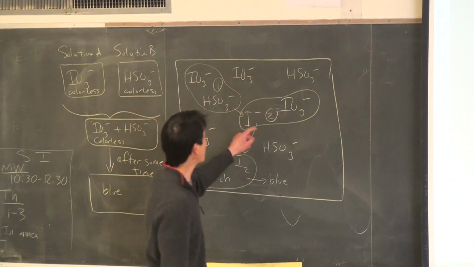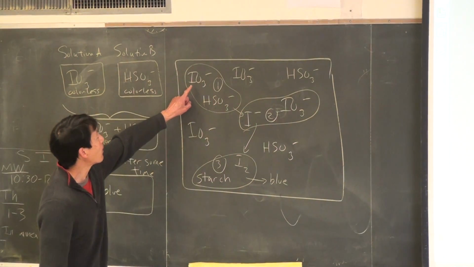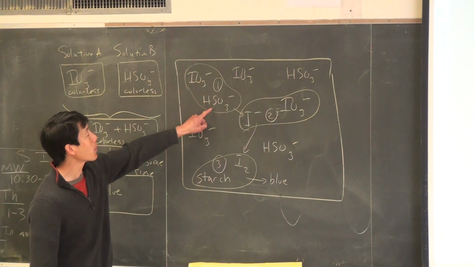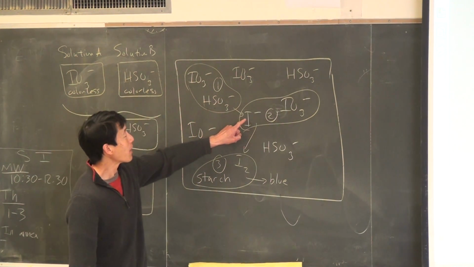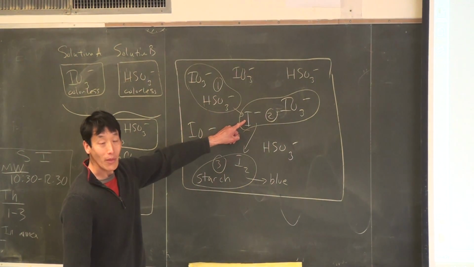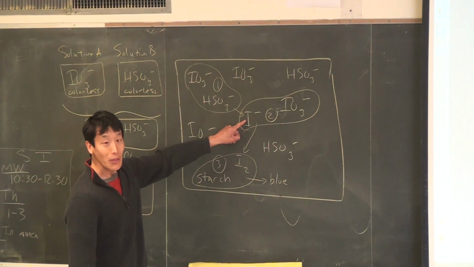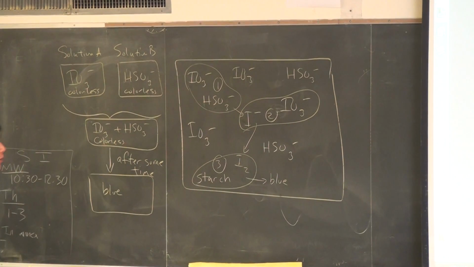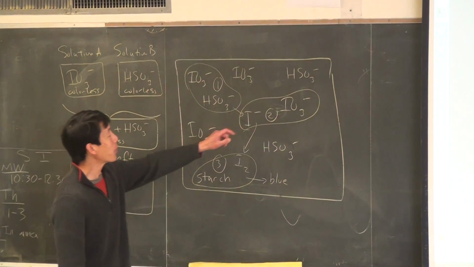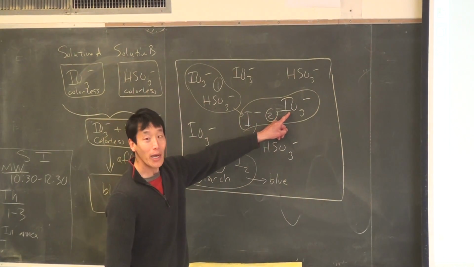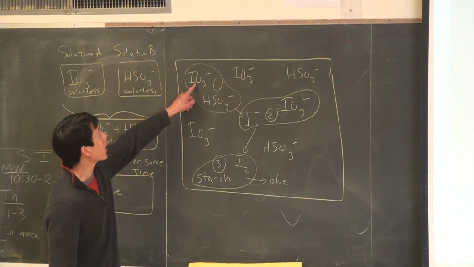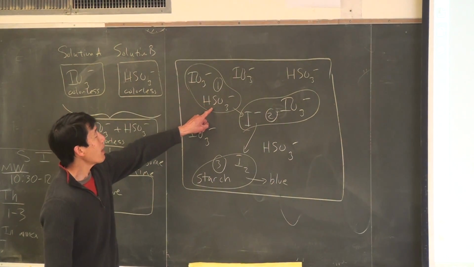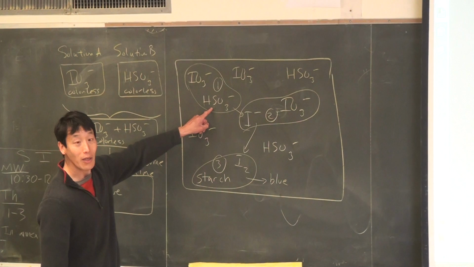Again, look at what's happening here. We have IO3 minus reacting with HSO3 minus to form the I minus. Note that the I minus in reaction 2 wants to react with the IO3 minus, but the IO3 minus also wants to react with the HSO3 minus.